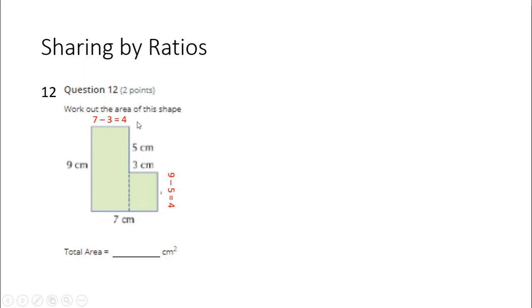Okay? Now working out the area of a composite shape, we're going to work out areas of each of these smaller parts and add them together. So total area is equal to area A plus area B, where this is my area A and this is my area B. Area A, I do length times width. That is 9 times the 4, which is 36.